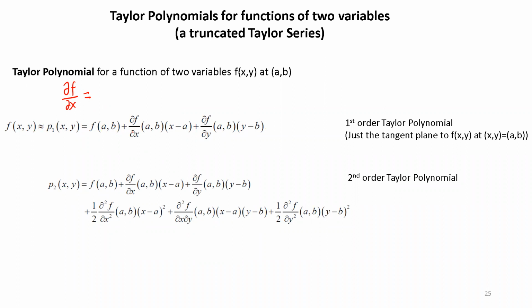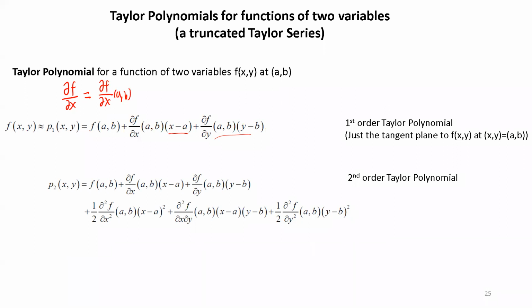If I take the partial derivative with respect to x of the linear x term, it is just 1. And the partial derivative with respect to x of the y term is 0, because there's no x dependence. So the right hand side also gives me back this one at (a, b).